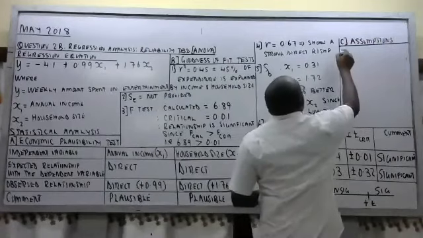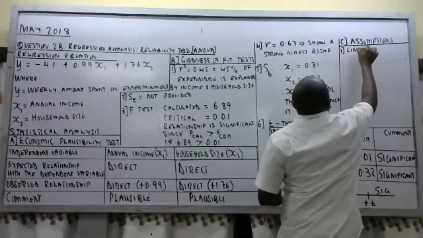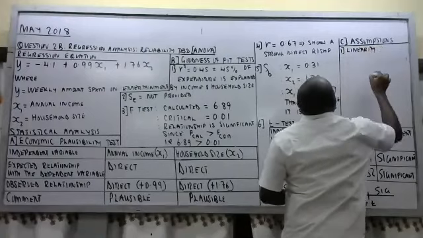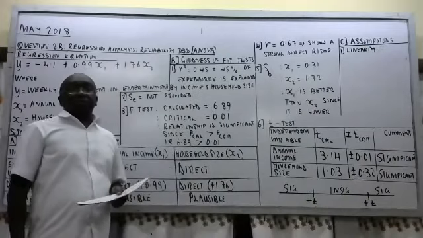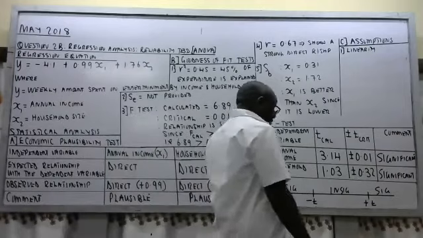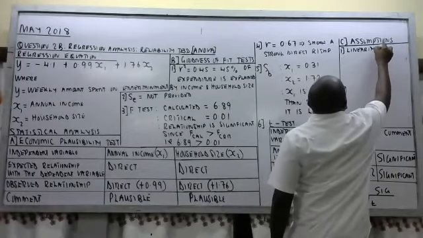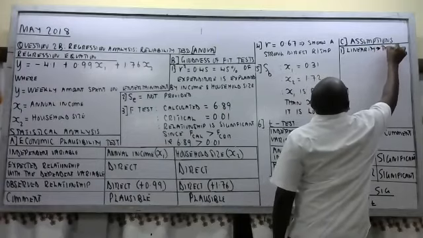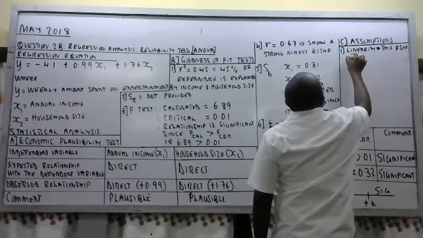The first one is called linearity. So linearity, we will say the relationship is linear.